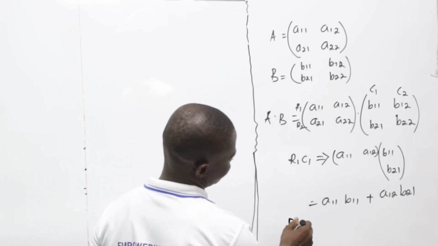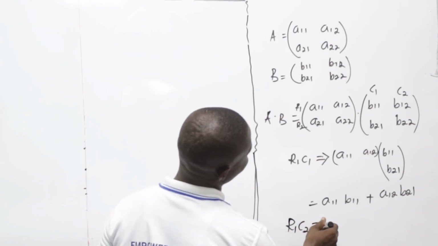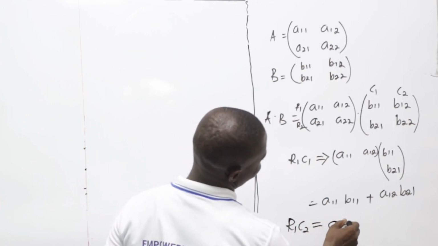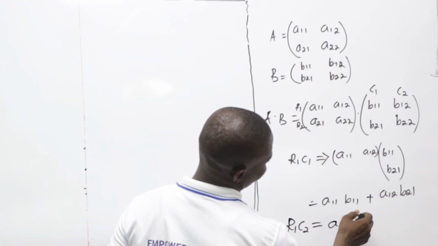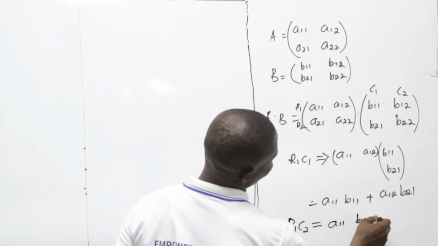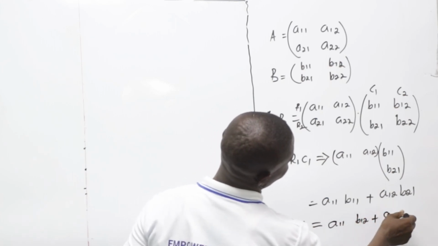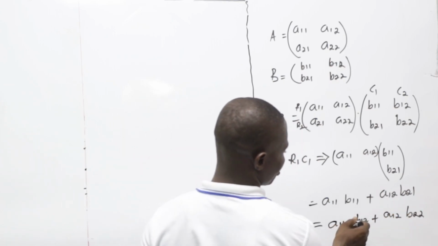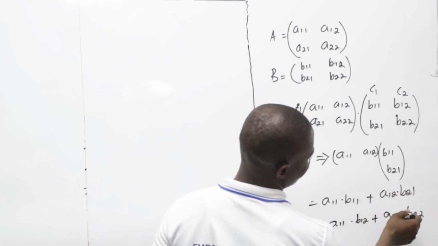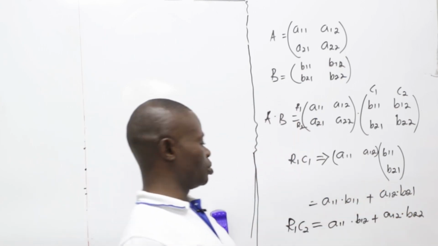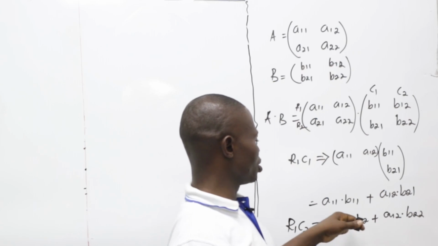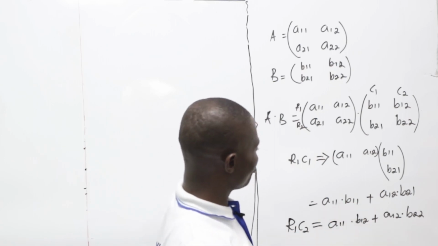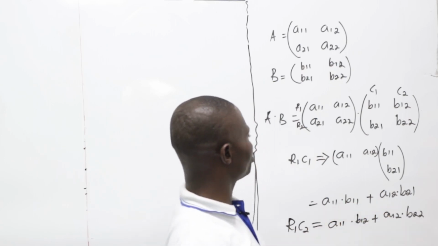So row 1, column 2 equals A11 B12 plus A12 B22. That is A11 dot B12 plus A12 dot B22.